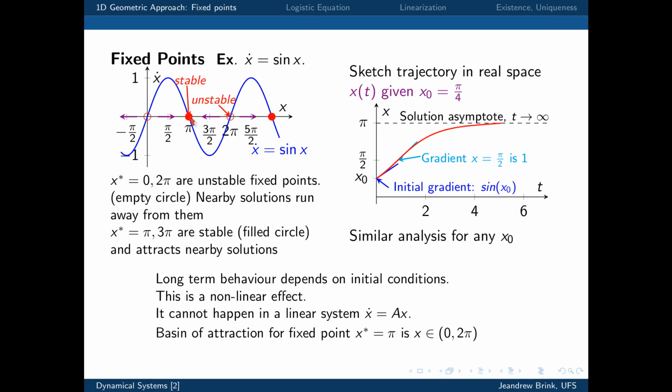So the basin of attraction for the fixed point x star is simply the region 0, excluding boundaries, to 2 pi. And so that's just another definition I want to introduce at this point.